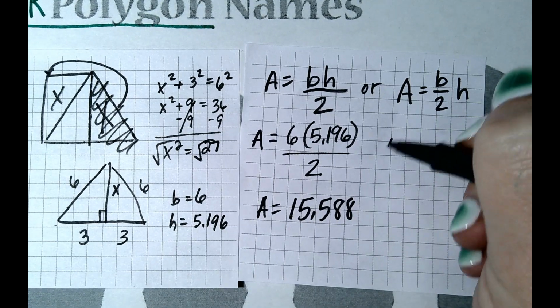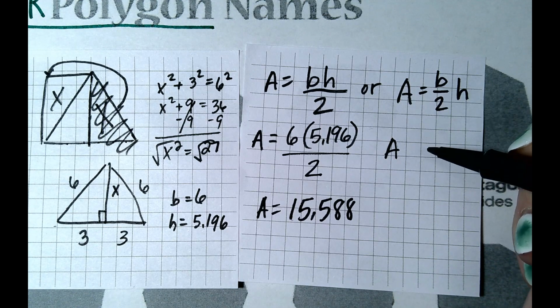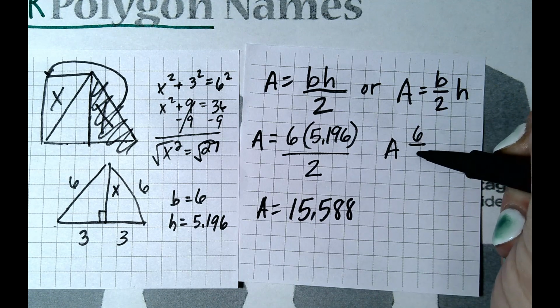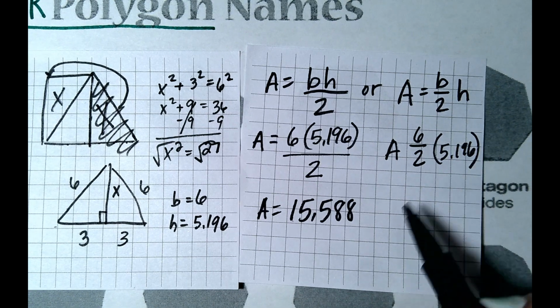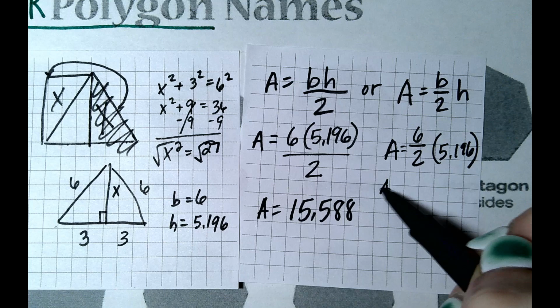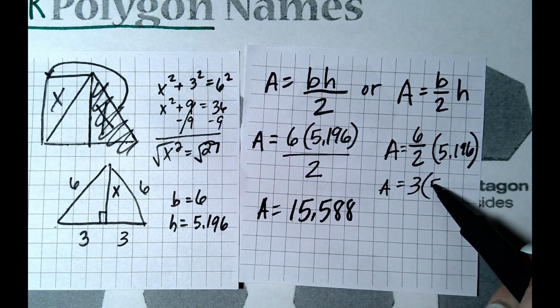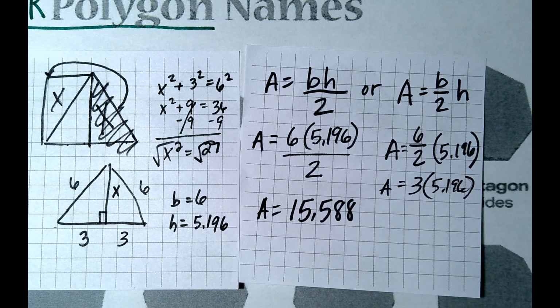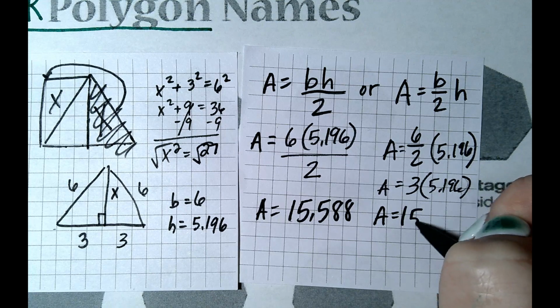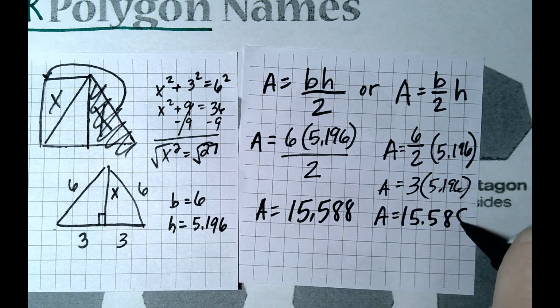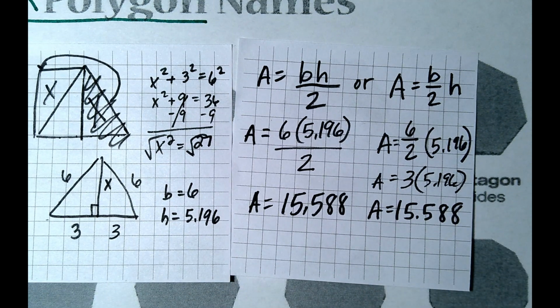So now let's try this way. Area is 6 divided by 2 times height, 5.196. So area is 3 times 5.196. You sure do. Area equals 15.588. So both ways work.